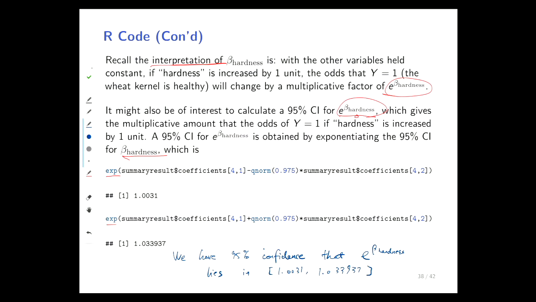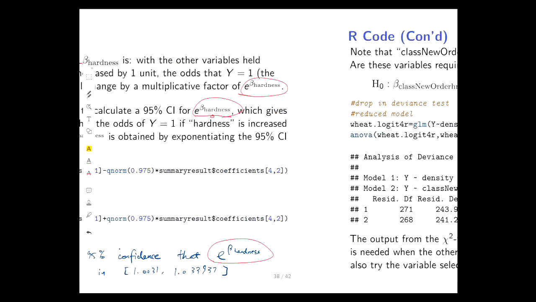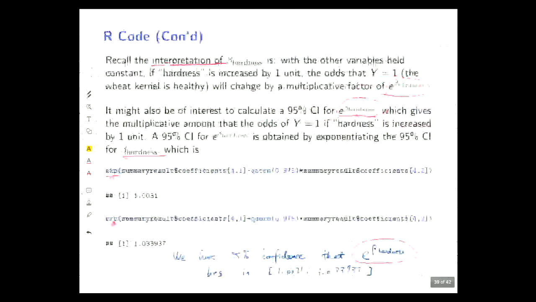So that's the 95% confidence interval of exponential of beta hardness. The only difference here is that we just exponentiate those confidence interval limits directly and obtain the confidence interval of the exponential. Any questions for the confidence interval?